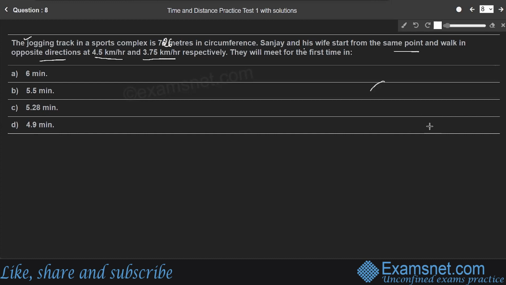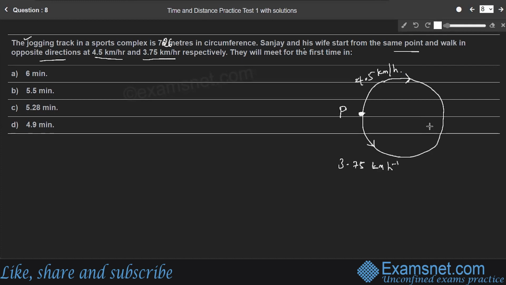Again, this question is based on the concept of relative speed, right? We consider a point from which Sanjay and his wife start jogging in opposite directions. Sanjay is moving with a speed of 4.5 kilometer per hour. If he is moving in clockwise direction, his wife will be moving in anti-clockwise direction with the speed 3.75 kilometer per hour.